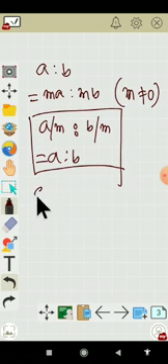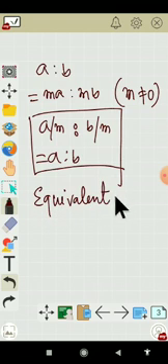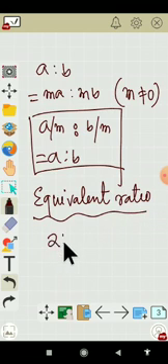Now equivalent ratio. So 2 is to 3, its equivalent ratio we want to make.